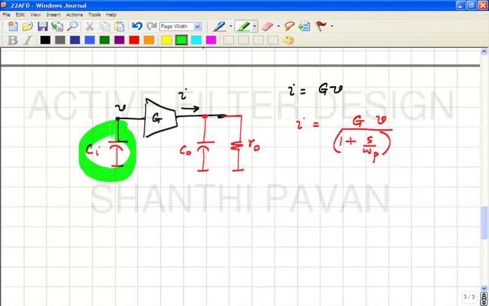Okay, so let's now understand the effects of Ci and Co. What do you think happens?